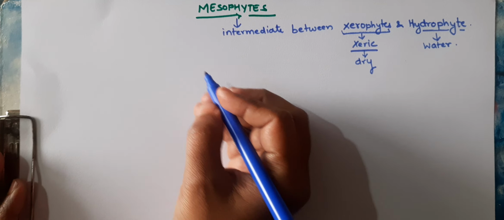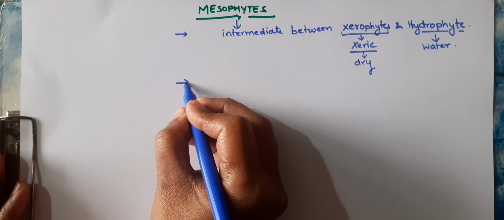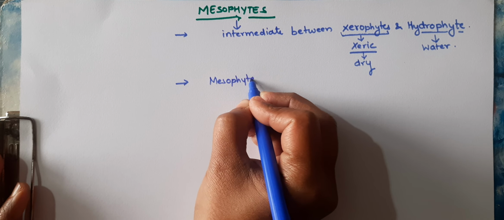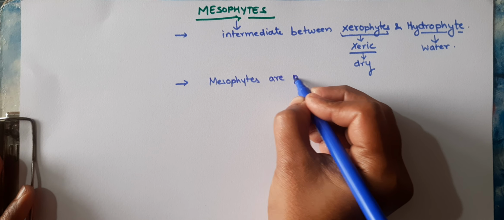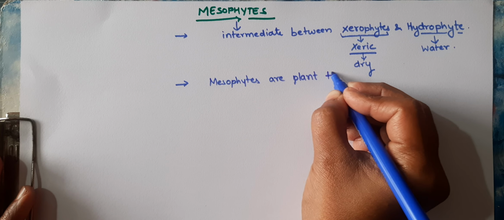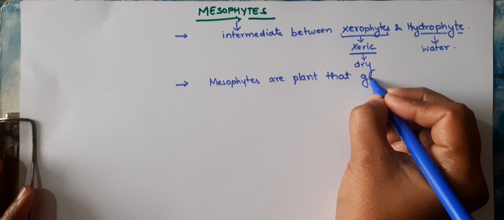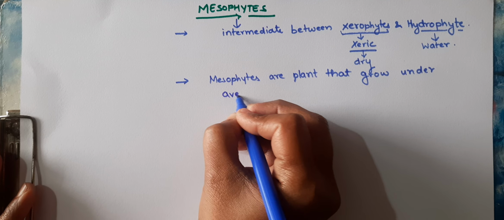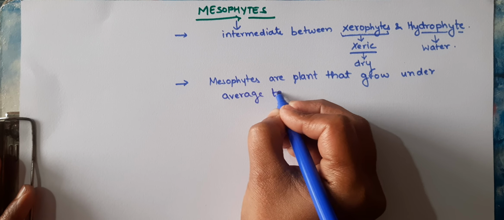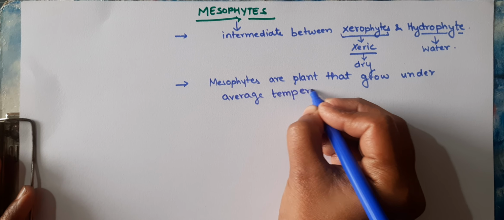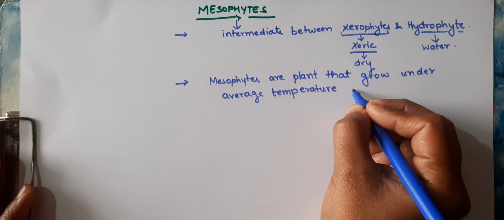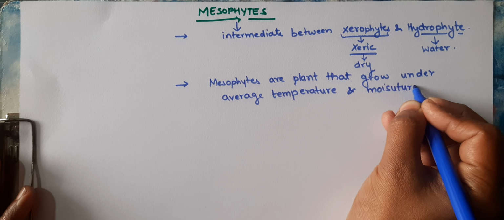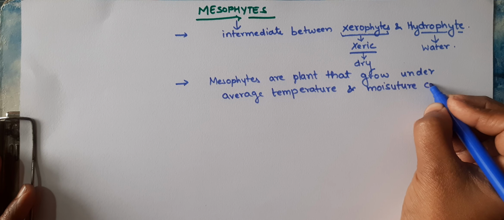Okay, so we can also write this: the mesophytes are plants that grow under average temperature and moisture conditions. Average means there is neither too high nor too low a temperature, and neither is the water very less or more.